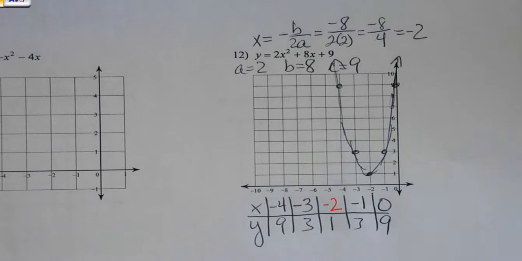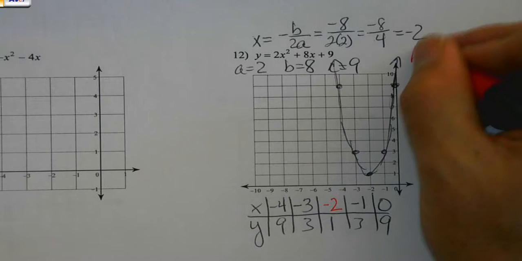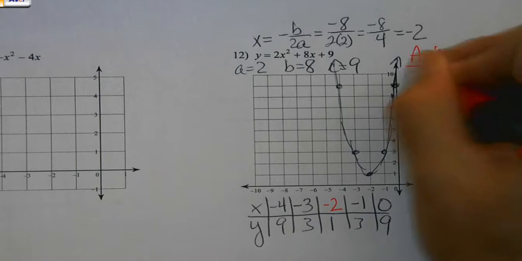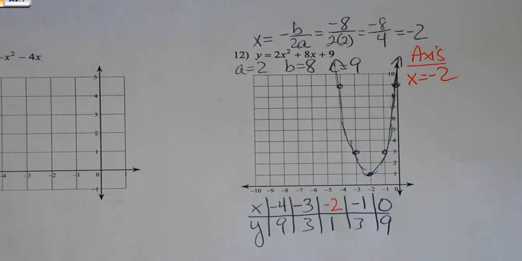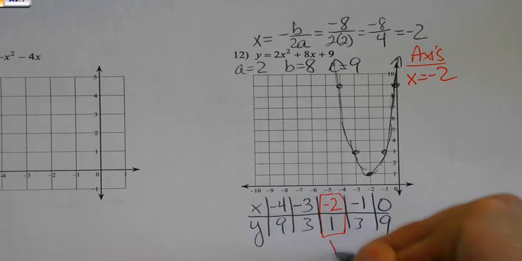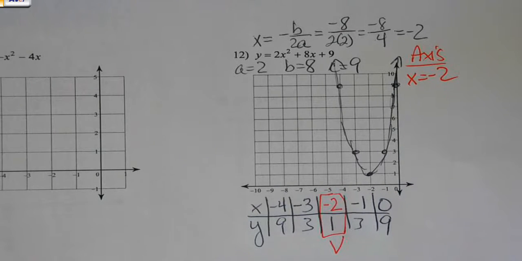My parabola is drawn in, and I've got to remember all that other stuff I have to do here. Axis of symmetry is just the x value that we calculated at the start, so x equals negative 2. That's my vertex, so I'll label it so people know I know what that is.